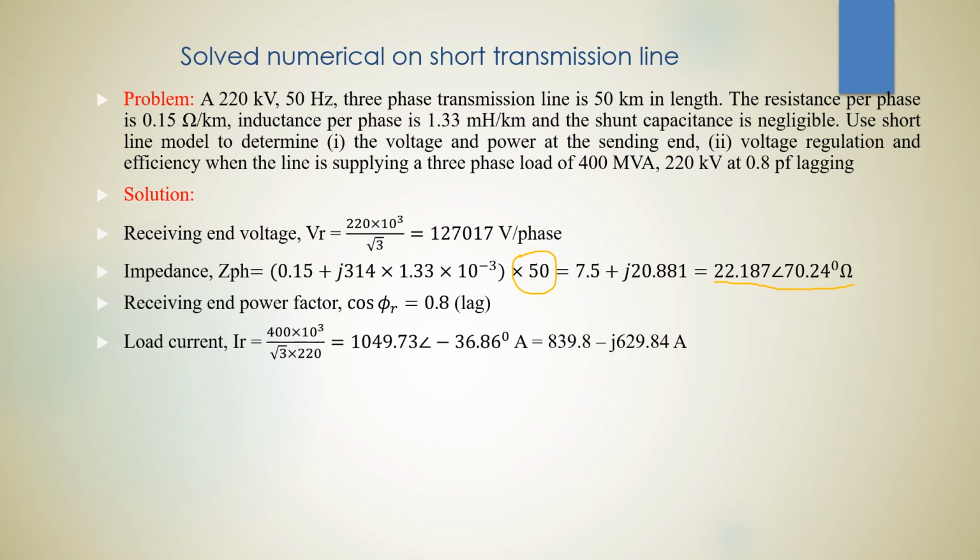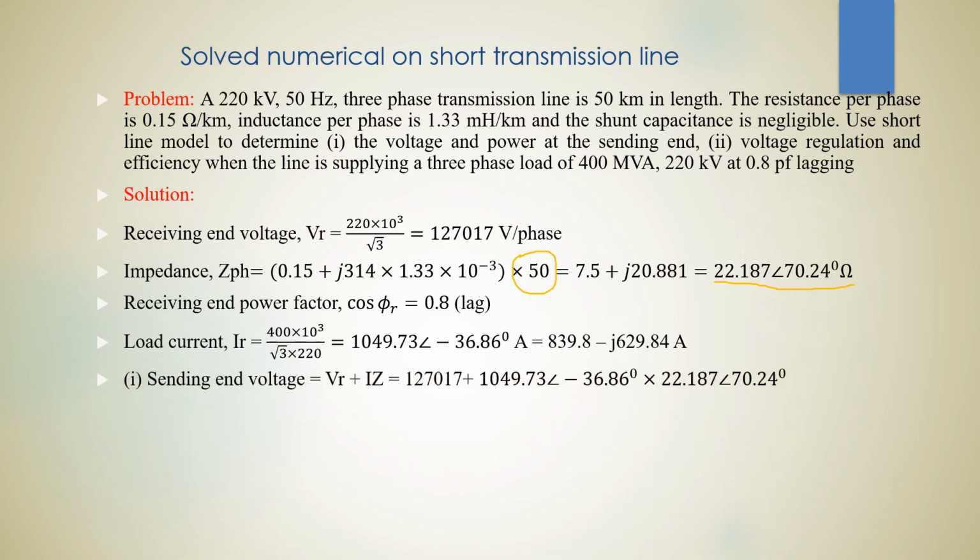Now the receiving end power factor is given as cos phi R, which is equal to 0.8 lagging. It is given. Load current IR is also now calculated: 400 MVA, 400 into 10 cube divided by root 3 into 220. Both quantities, one is in kVA and 220 is in kV.